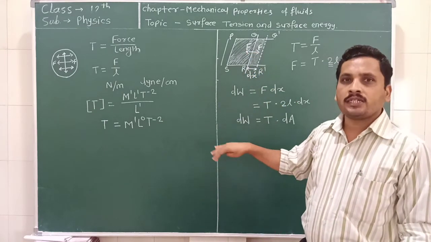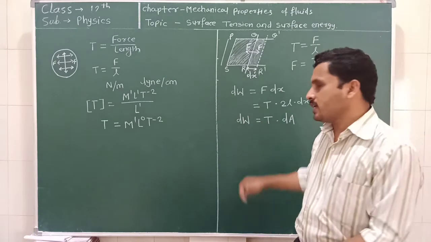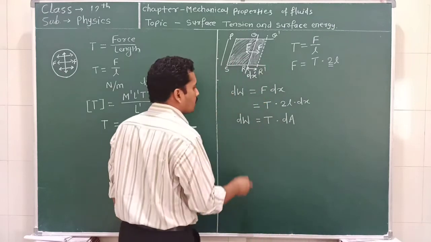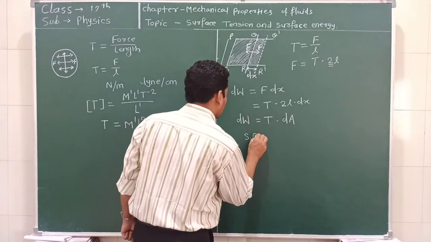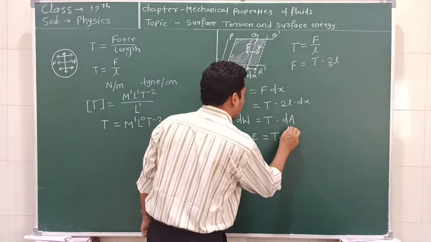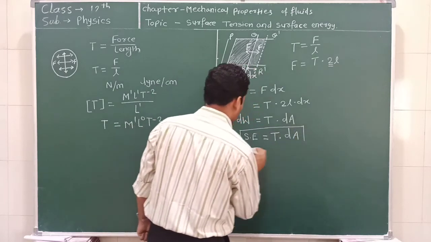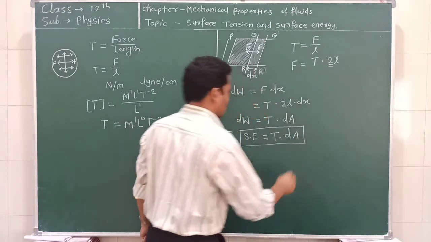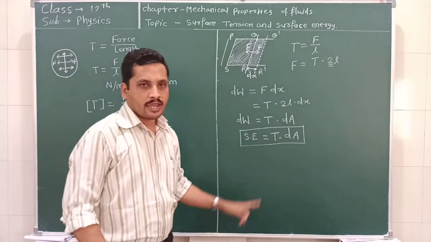So this work done is stored in the form of energy, and such energy is called surface energy. So we can write the surface energy is equal to surface tension multiplied by dA. This is a simple relation between surface tension and surface energy.